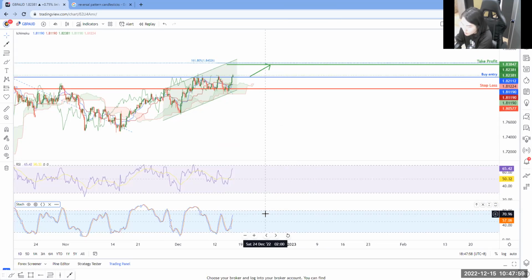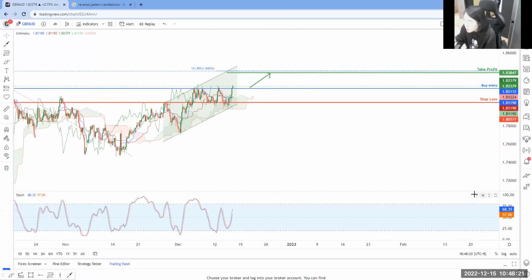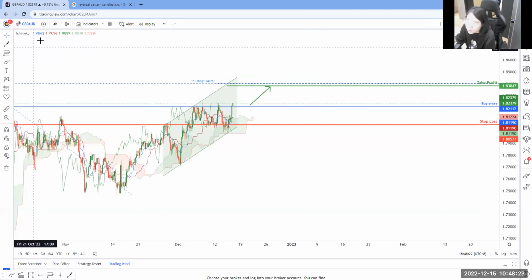Okay, stochastic is okay with this analysis. RSI is okay with this analysis. Yep, RSI is okay with this analysis. What else? Ichimoku is okay with this analysis.